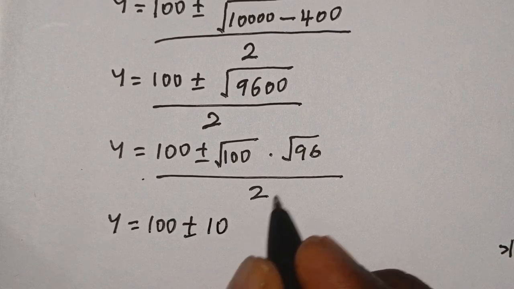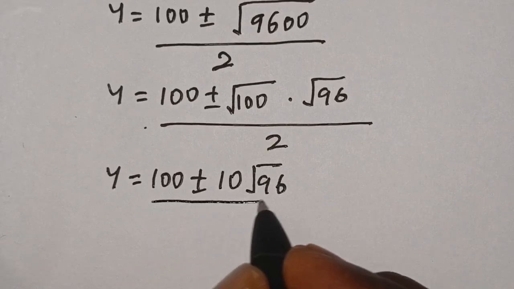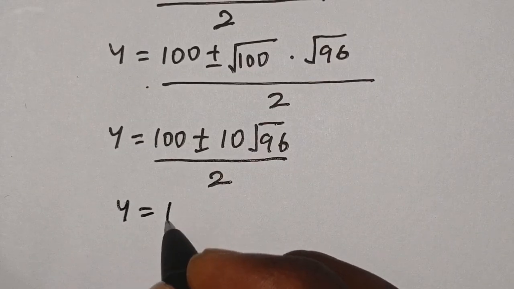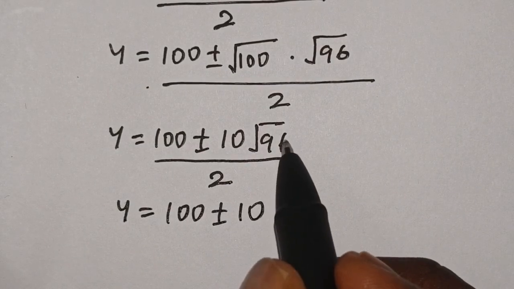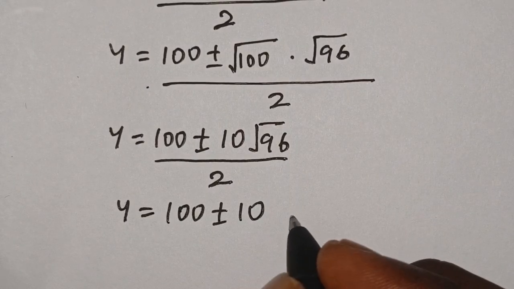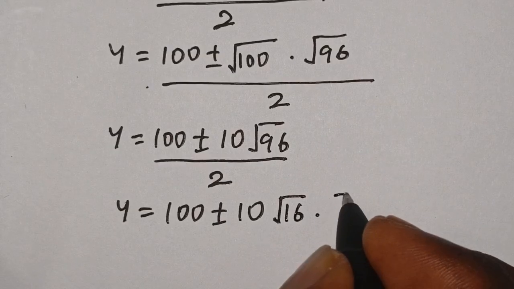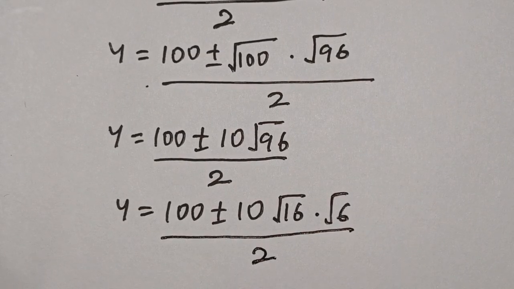That is 10 times square root of 96, divided by 2. Y equal to 100 plus or minus 10 square root of 96, which also could be written as square root of 16 times square root of 6, divided by 2.